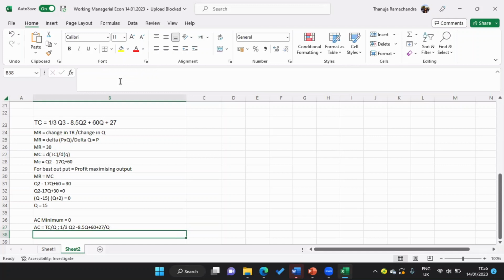And so we can say D average cost by DQ equals 2/3 Q minus 8.5. This has become complicated.